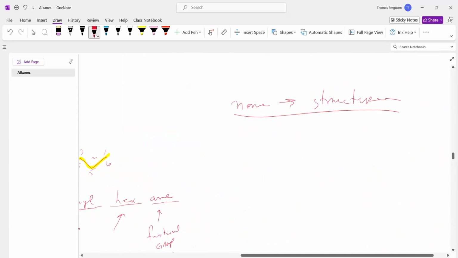What's the functional group? Backbone. And then branching. Now these two can be interchanged. You determine the backbone first and then the functional group, either way.